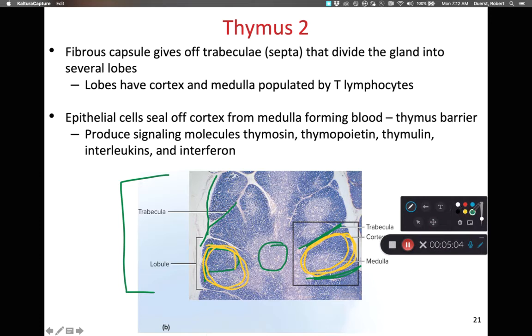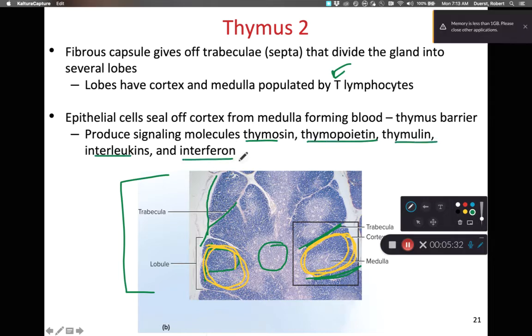As we look at our thymus, the cortex and the medulla are going to have lots of T lymphocytes, T for thymus. The epithelial cells of the thymus are the cells that are going to make the endocrine secretions. As they go off into the cortex, they will secrete thymosin, thymopoietin, thymulin, some interleukins, and some varieties of interferons.